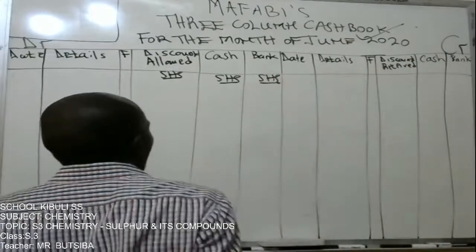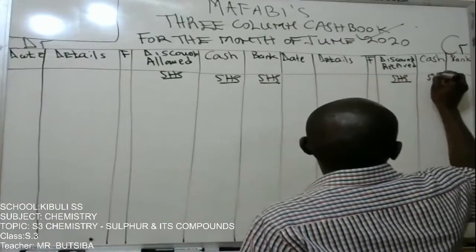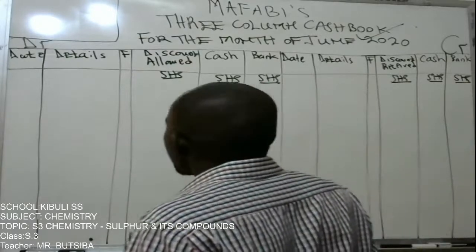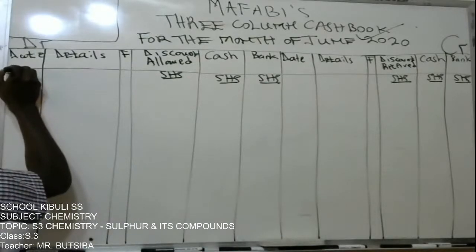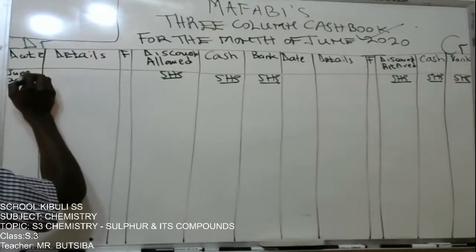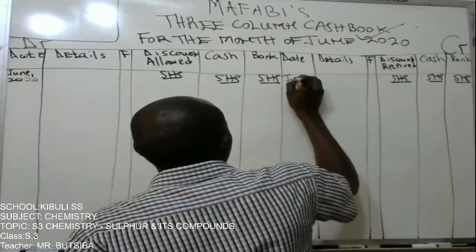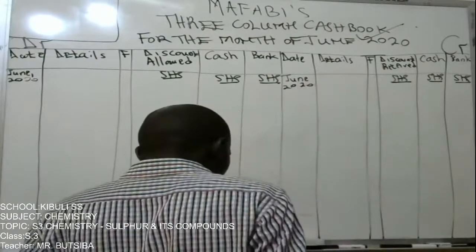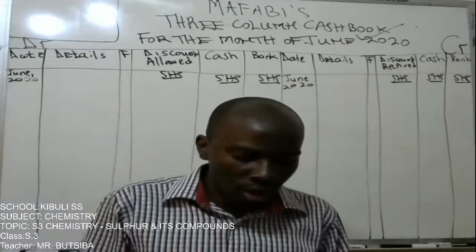That is the discount columns, cash column, and then the bank column. Then you can also indicate the month and year in the date column, June 2020. So there you are set to start recording in your 3-column cash book.